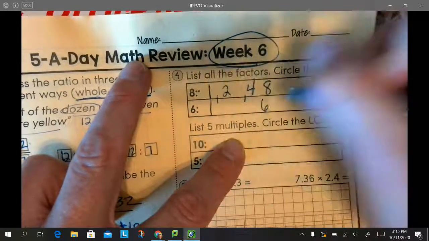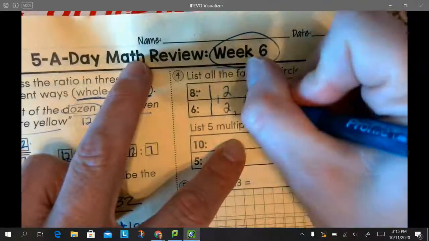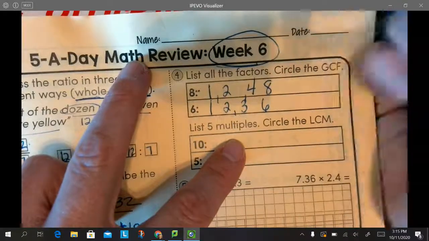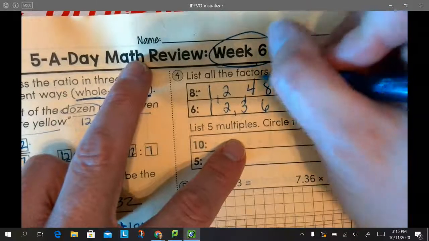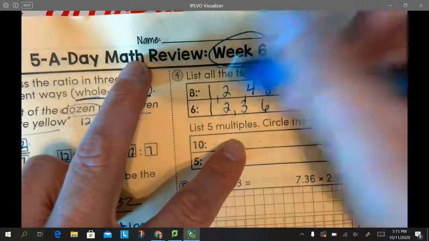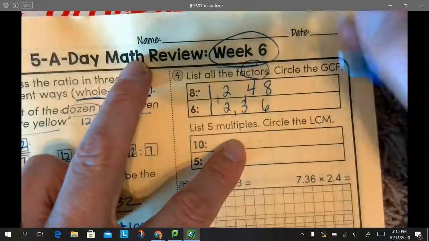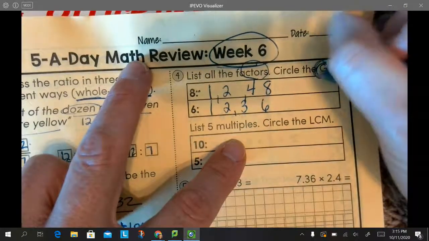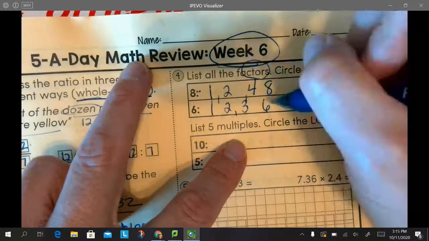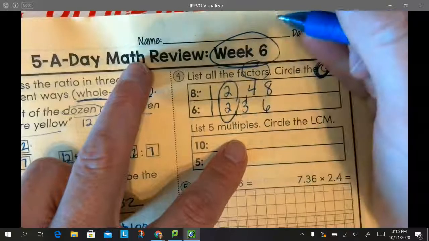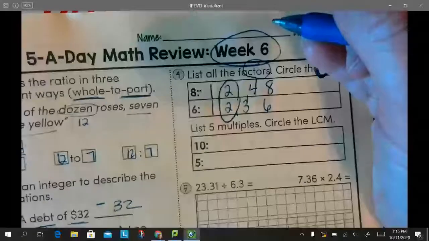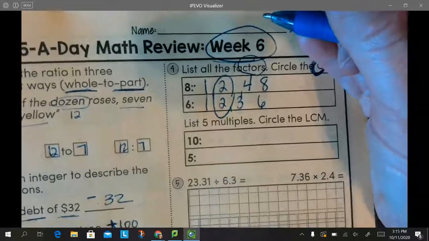Well, 1 times 6 is 6, and then 2 times 3 is 6, and that's it. So all they want are the factors for these numbers, but now they want you to circle the greatest common factor. So the greatest common factor that they share is 2. Okay.